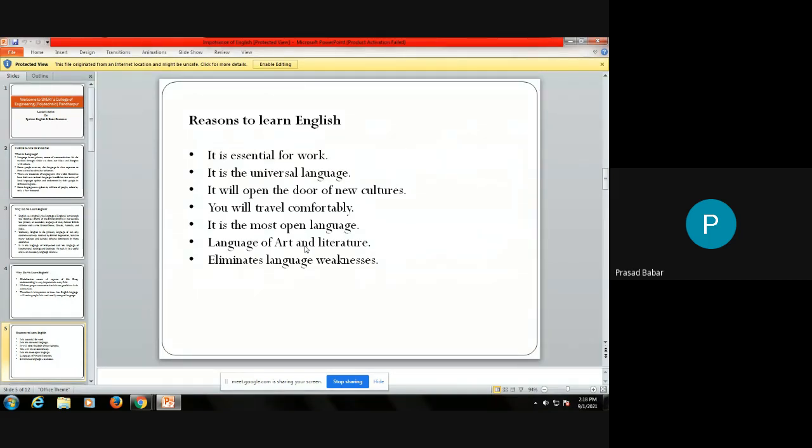In India, there are more than 29 states and union territories, and each state has its own culture. Maharashtra has its own culture. UP, Bihar, MP have their own culture. Rajasthan, Gujarat, or South Indian states all have their own culture.